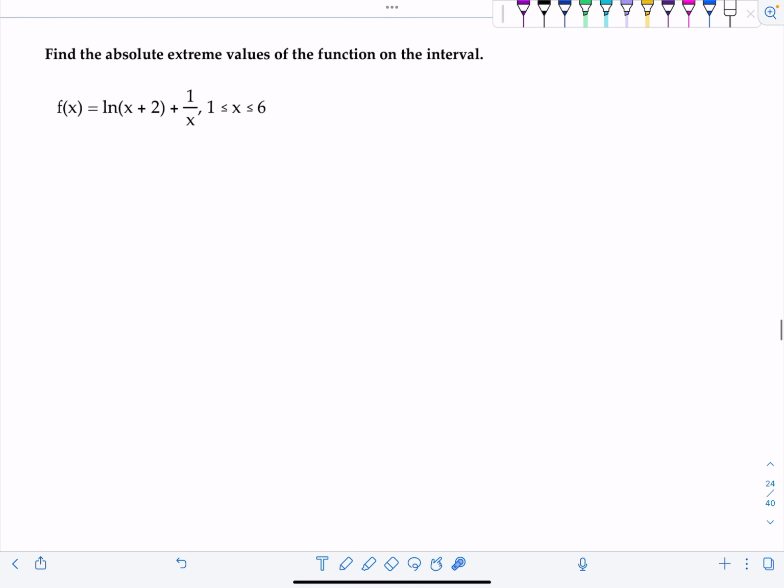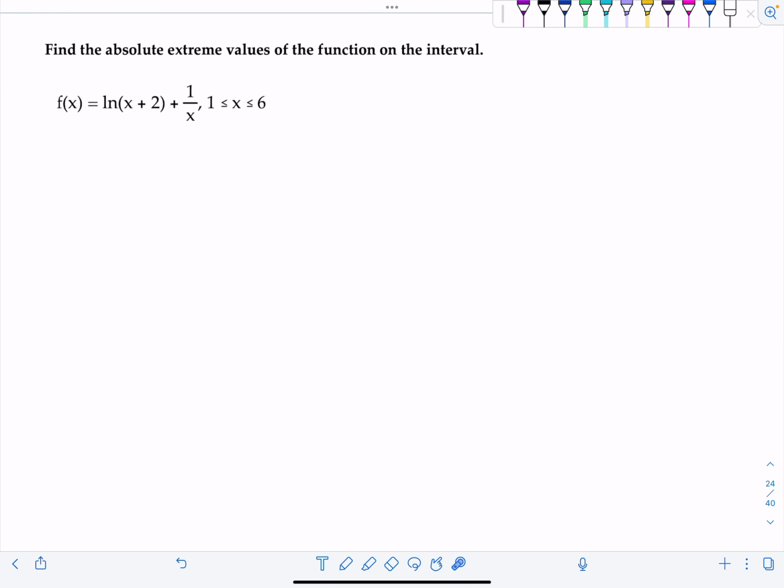So here we go. Find the absolute extreme values of the function on the interval. So the function that they gave us is natural log of x plus 2 plus 1 over x, and the interval is from 1 to 6. Okay? Good. Let's list the domain of f of x just to start off with. You can't take the natural log of anything that's not positive.